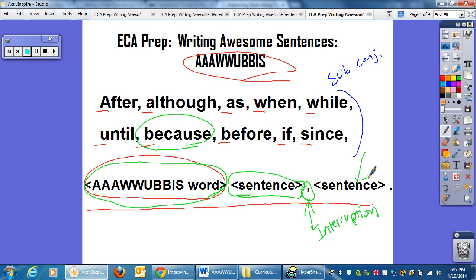And then you have to follow it up with a complete sentence. So there's a logical structure to it. One of these words, a sentence, and then a comma, and then another independent clause, one that can stand on its own. So that's kind of like the logic of how it works.